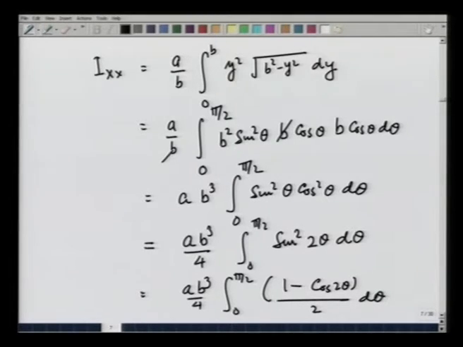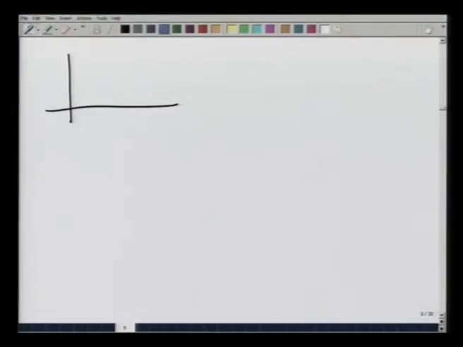Doing this integral, the cosine 2 theta integral gives me 0, and the first integral is going to give me pi by 4, and therefore, for this shape, where this is a and this is b, Ixx equals pi a b cubed over 16.